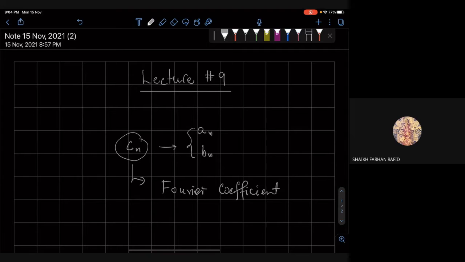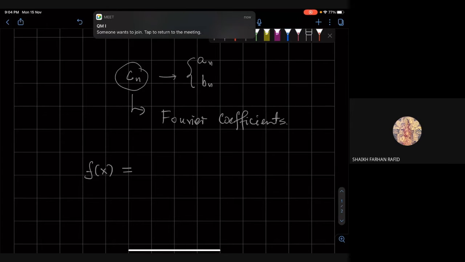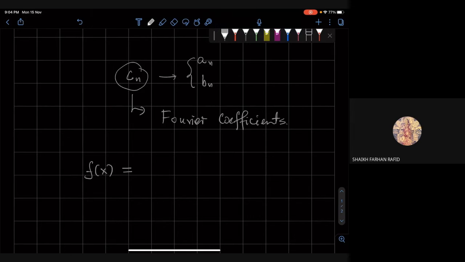So when you have a function and you want to Fourier analyze it, we're basically looking at the Fourier series. So f of x is a periodic function.